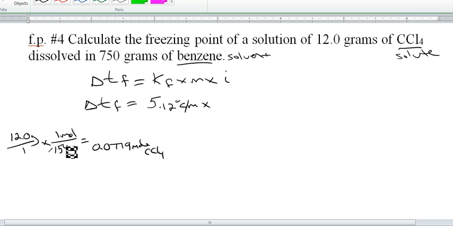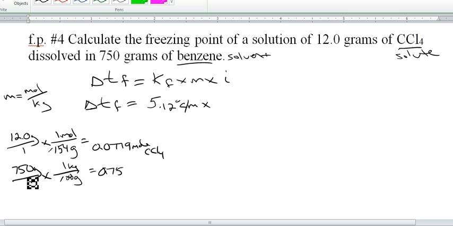And then we need to take the 750 grams, which is the solvent, and change that to kilograms, because molality is moles of solute per kilogram of solvent. And there's 1,000 grams in 1 kilogram. So we have 0.75 kilograms of solvent, in this case benzene.